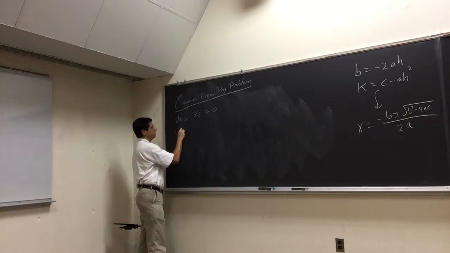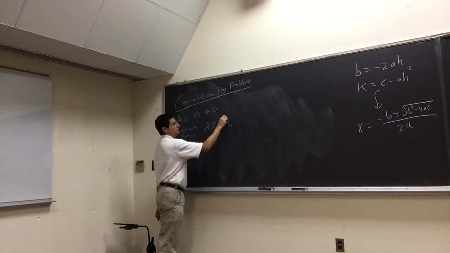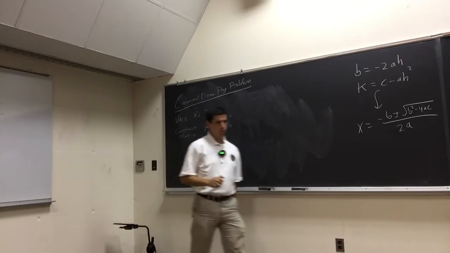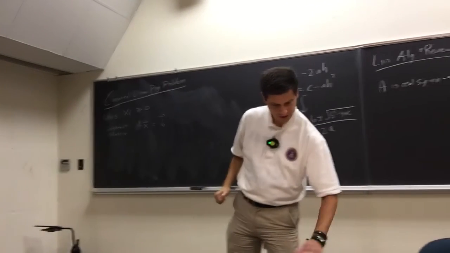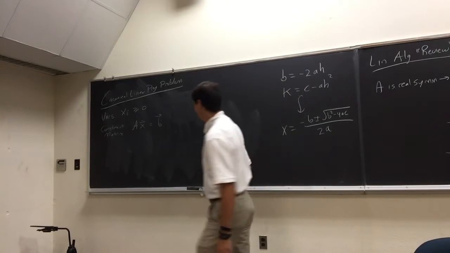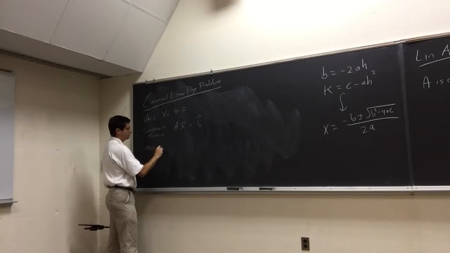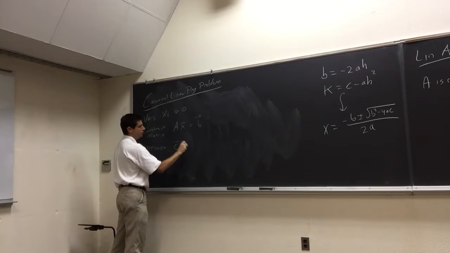We have the constraint matrix AX equals B, and I think we want to minimize. So I'm going to double check. Yes. And then minimize C transpose X.